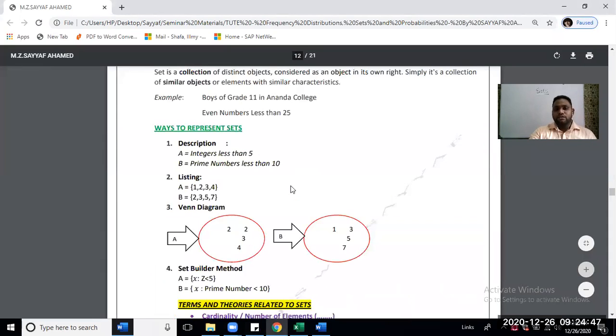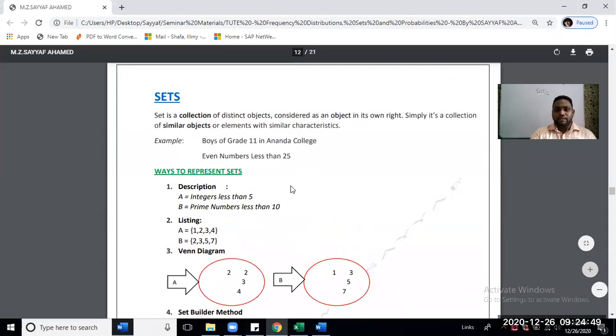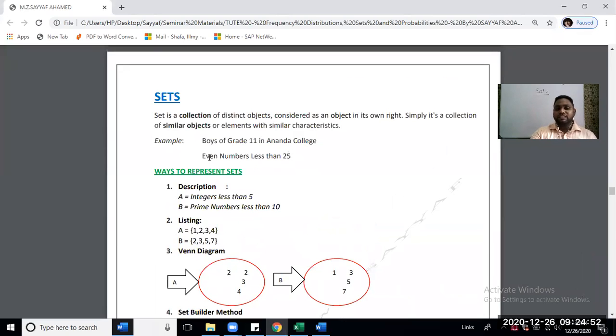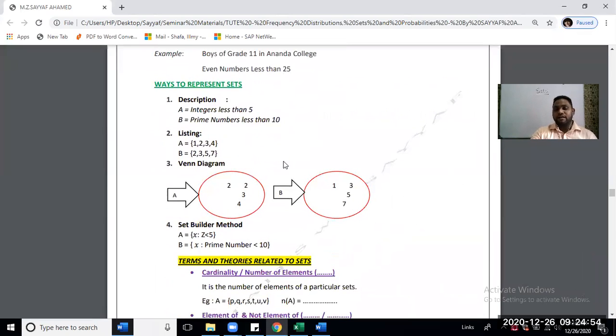The first thing you need to understand in sets is the ways to represent sets. So basically there are 4 ways in which you can represent sets: description, listing, Venn diagram, and the set builder method, right? Description is where we give it in a sentence, listing is with curly brackets with commas, and you can't repeat the same element again when you are listing.